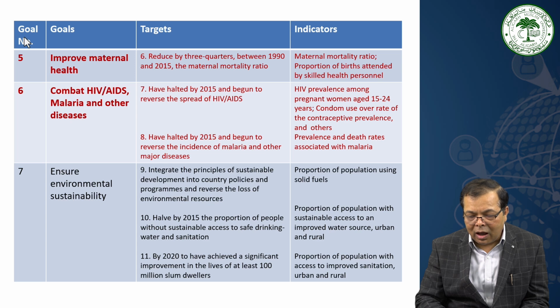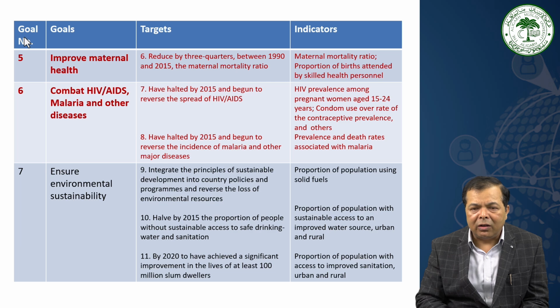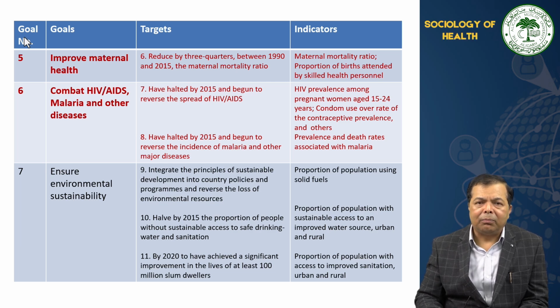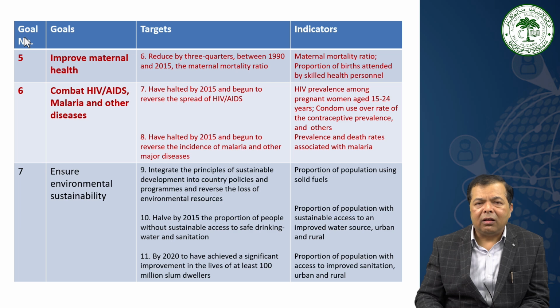And the indicators are again the maternal mortality ratio, then proportion of births attended by skilled health personnel, because one of the important causes of maternal mortality is that birth is not attended by skilled health personnel. Very often childbirth is taking place at home, and that is basically an important cause of maternal mortality. So institutional delivery was suggested, but the indicator is like this.